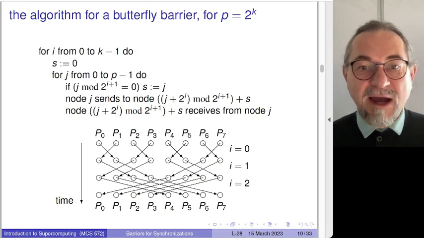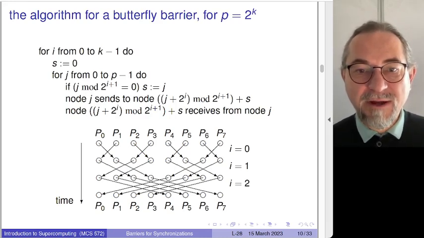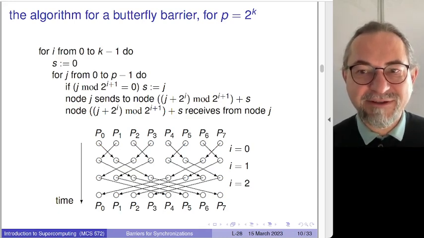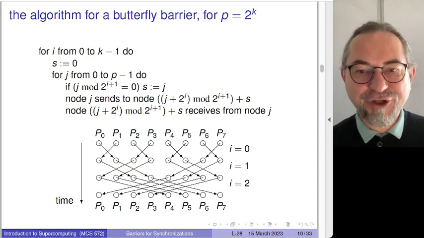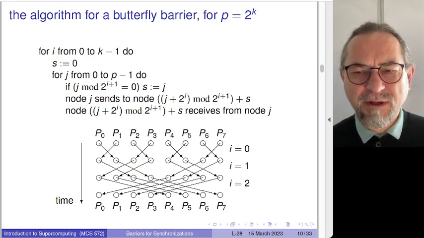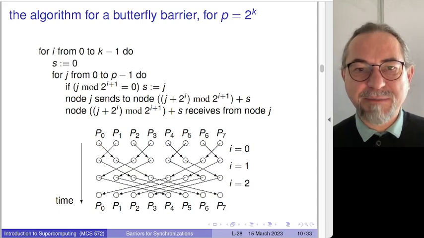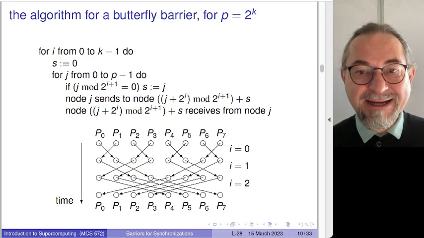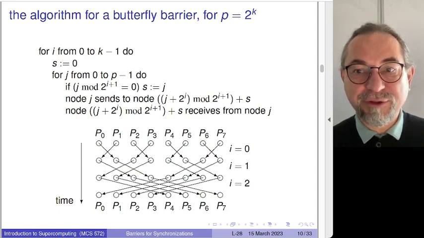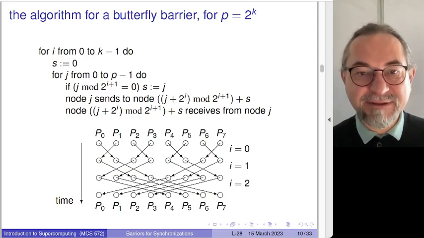All right, the algorithm for the butterfly barrier is best understood if you have the picture in mind. On this slide here, I have the picture with the labeling of the stages. Again, we assume a number of processors that is a power of 2. What is important here is the gap, or the shift, if you like, between the sender and the receiver identification number.